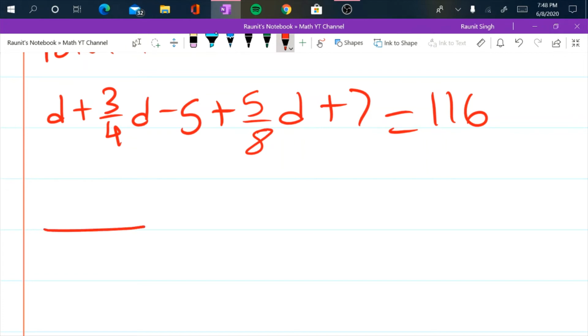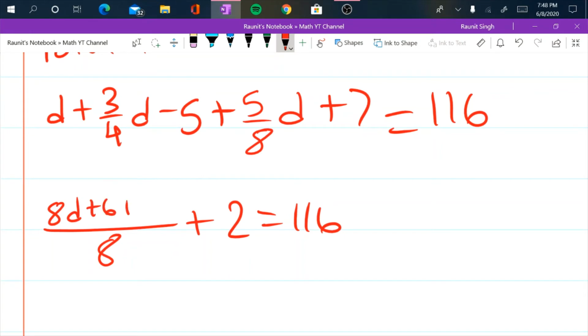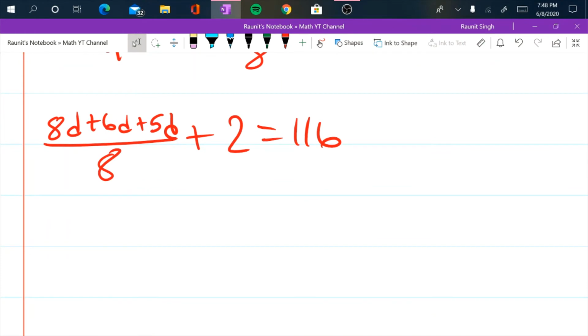So we have 8 for the denominator of D's, and then we can just do 7 minus 5, which is 2, equals 116. So 8D plus 6D plus 5D, and then 8 plus 6 plus 5. So what is that? 14 plus 5 is 19. 19D over 8 is equal to 114.